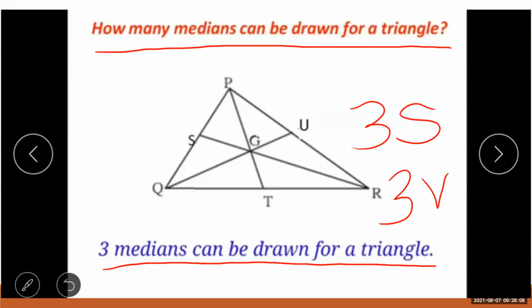So 3 sides with 3 vertices together, we can draw three medians. Is it okay? And here at point G, all the medians intersect each other, and that point is represented by capital G.